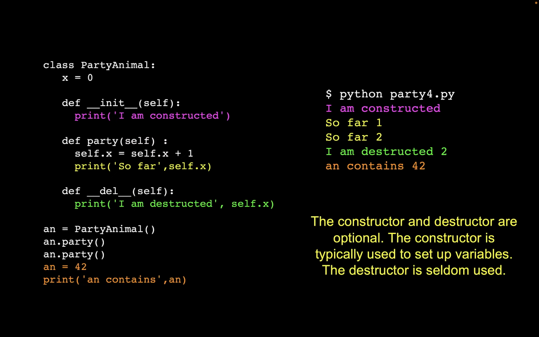Sometimes you might have some object that represents a row in a database table, okay? And maybe that value has changed, but we never wrote it back to the database, okay? The kind of thing that you would do in a del would be to check if this has been written back to the database, and if not, write it back to the database before it blinks out of existence.